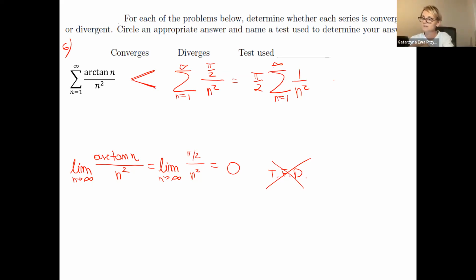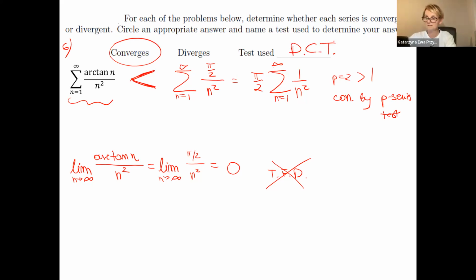But 1 over n squared, the p-value is greater than 1, is convergent by the p-series test. It's actually the integral test, but it's fine. And the inequality works. Everything that is smaller than the finite number is convergent. That means it converges by direct comparison test, and we are comparing with this one.